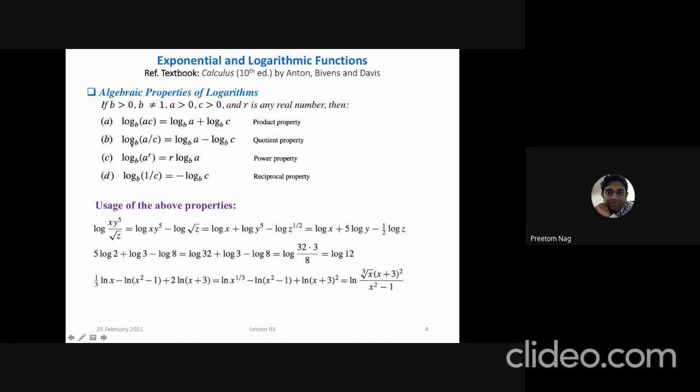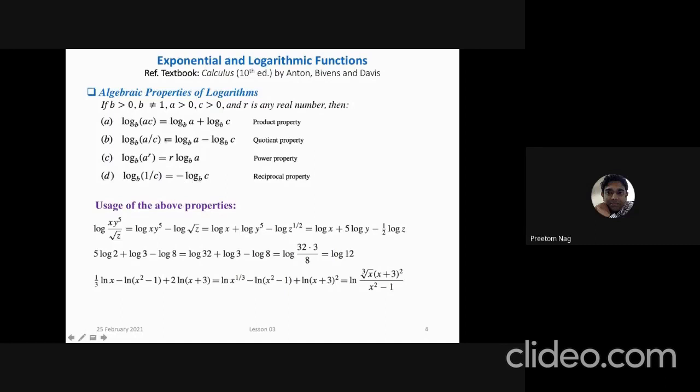If we have quotient, log b of a by c, then quotient property বলছে log b a minus log b c. If we have a to the power r, then that is what we call the power property. Power property বলছে r log b a. If we have log b of 1 by c, then you will have minus log b c, because log b 1 is always 0.